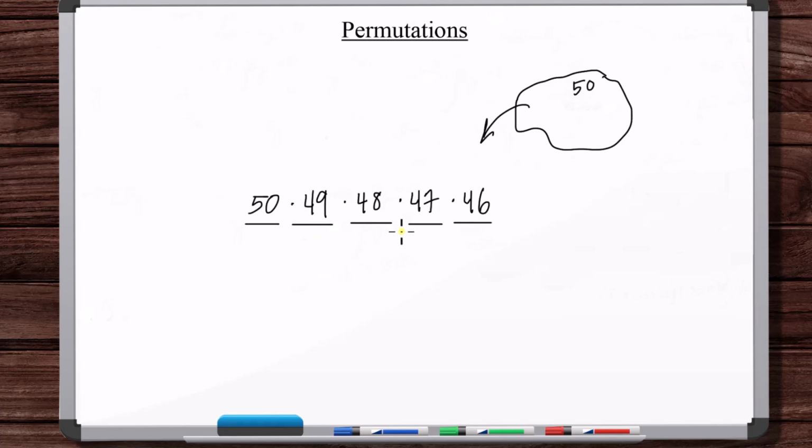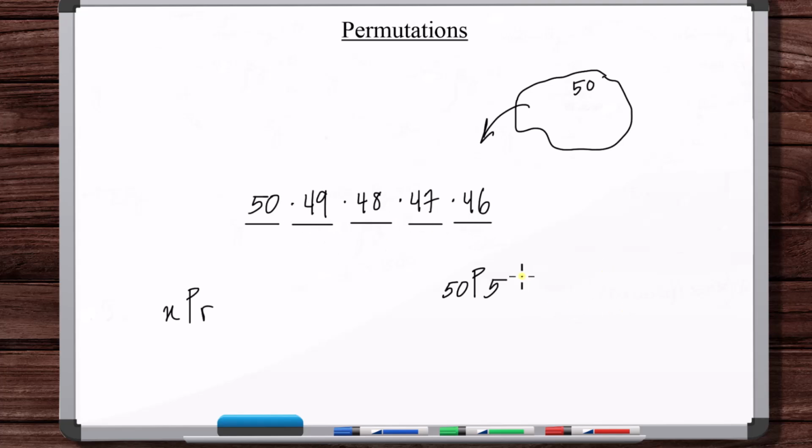And so this is what's thought of as a fundamental permutation, which is written like this, nPr. You're seeing the number of ways to line up r items in a line, choosing from a group of size n. So in this case, we would be wanting to find 50P5. Okay, but the key with a permutation, though, is that the order matters.